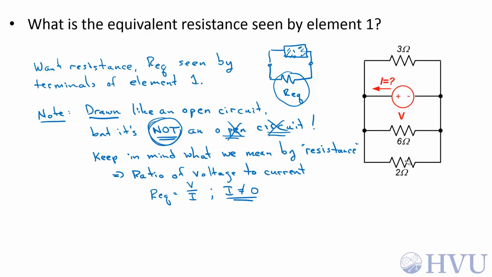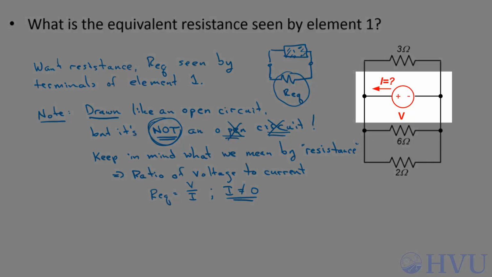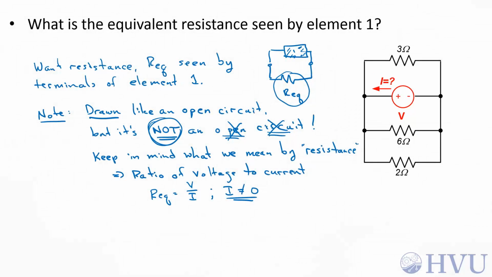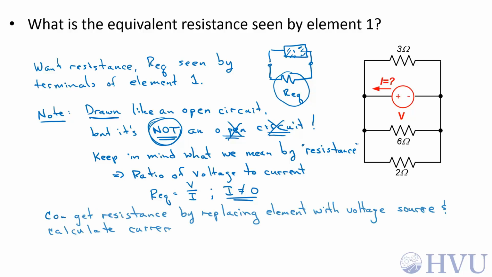Another way to think about this is that we can calculate the resistance by replacing the element that we're concerned with a voltage source and calculate the current. Then the equivalent resistance is going to be the ratio of whatever voltage we apply here to whatever current we calculate.